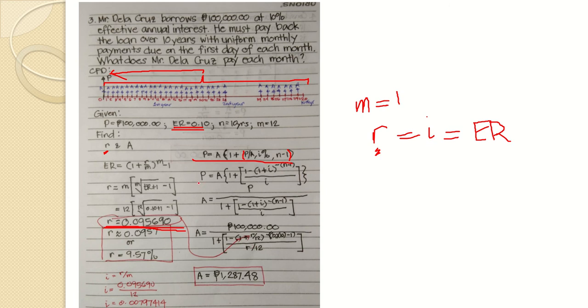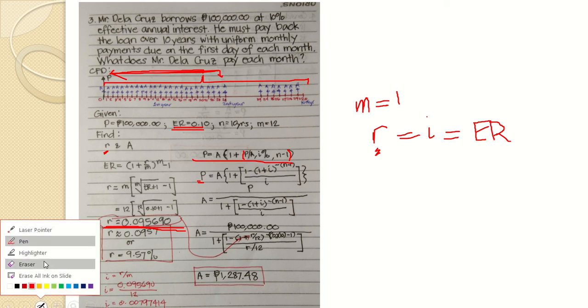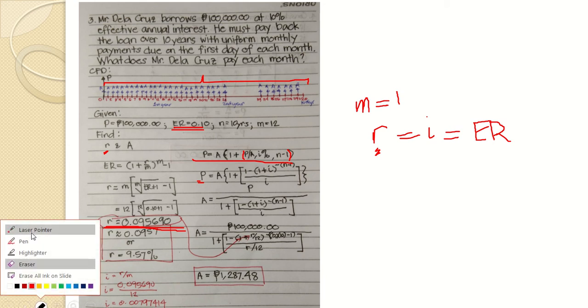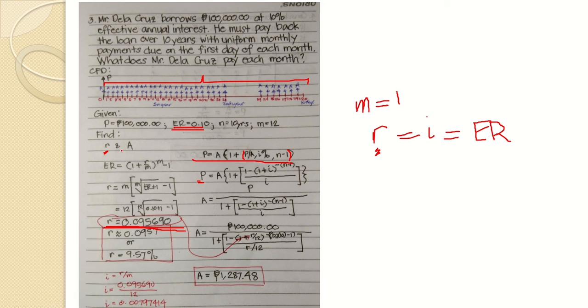Now, since we are looking for A, this is valid. So the arrow should be like this one. So just erase that. So the arrow should be this one.